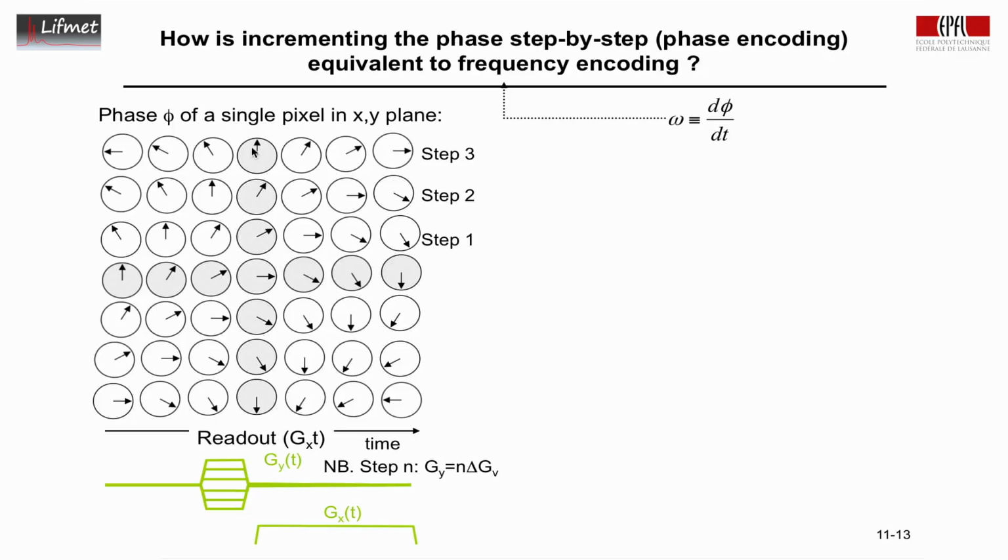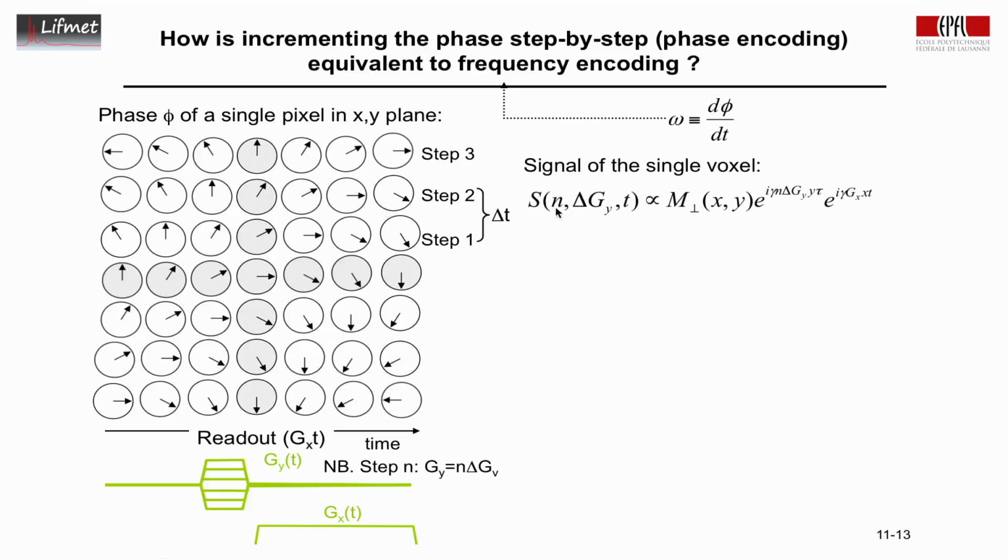But if we now introduce a time component to the second dimension also, then this phase evolution will also correspond to a frequency, a precessional frequency, except that it's not real time, it is the time variable introduced by phase encode steps 1, 2, 3, etc. So if we look at the signal of the voxel we have here, we can attribute this to a delta time delta t, so we can introduce along y a second time component.